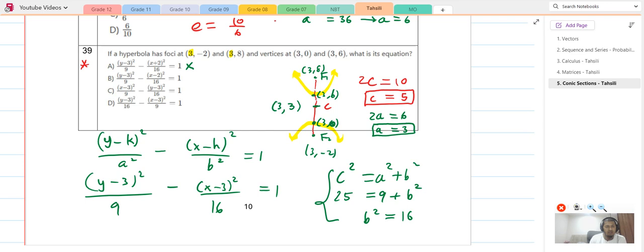It does not look like the answer is B either, because B has a 2 there. Anything that has a 2 is eliminated. This one here, (x minus 3) squared over 9, can't be over 9. (y minus 3) squared over 16.